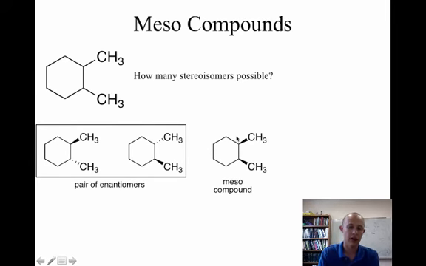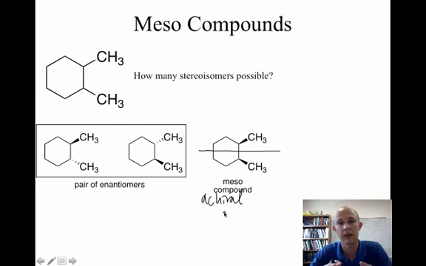Remember, we said that chiral compounds lack an internal mirror plane. Notice here that this compound lacks an internal mirror plane. We can't draw a mirror plane here, nor can we draw a mirror plane here, but we can draw an internal mirror plane here, where we can reflect this half of the molecule through to this half. This is not chiral. What's interesting about meso compounds is that they contain stereocenters, but they also contain an internal mirror plane, so they're achiral.